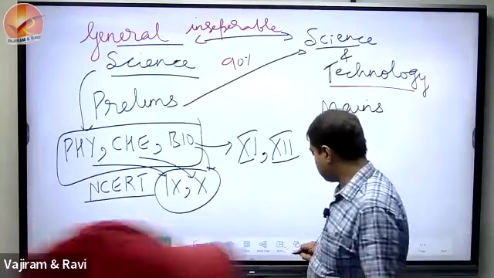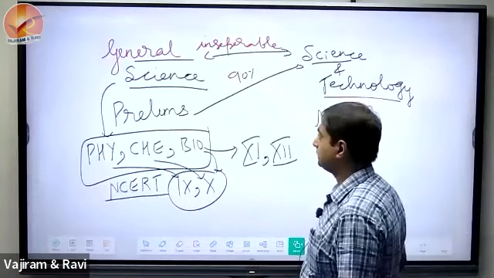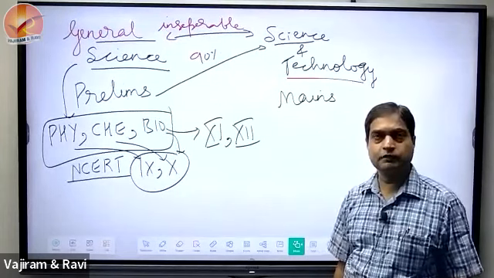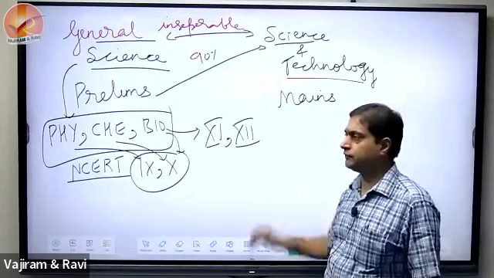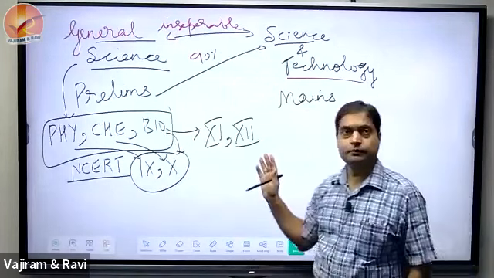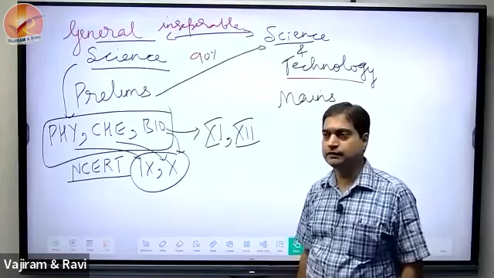So this is with reference to the NCERT textbook. Then we will see the discussion on the syllabus of science and technology, which will give you the roadmap of how we have to proceed in the science and technology segment.